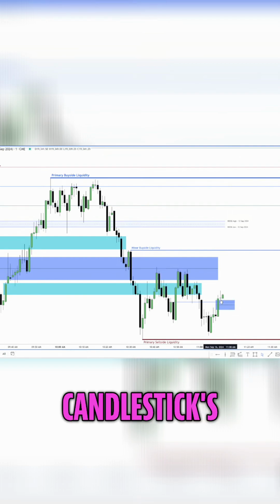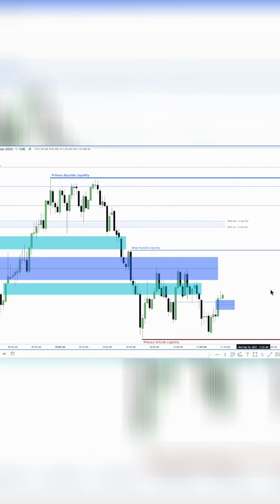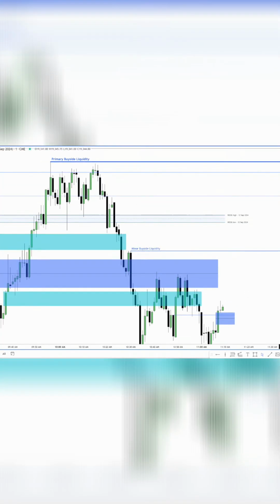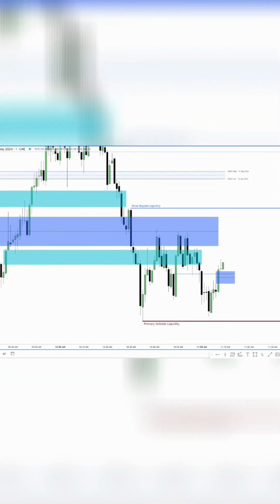This candlestick's low to these equal highs. That is definitely, that's enough handles, right?